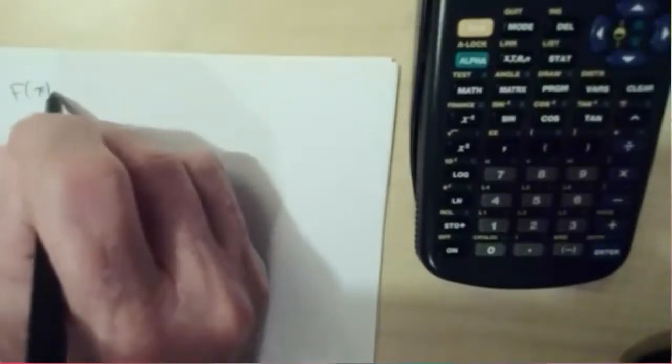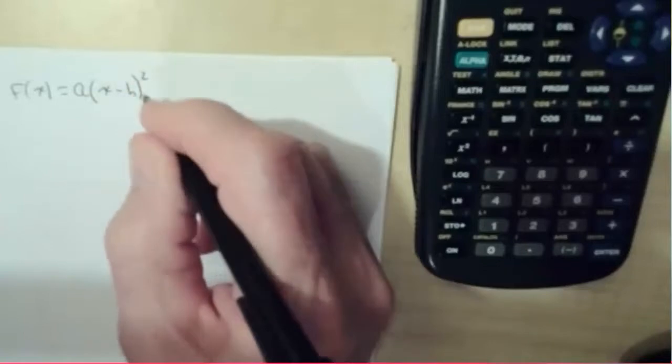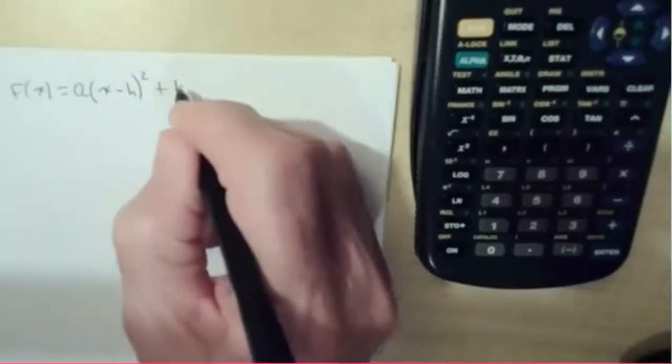Okay. Now remember the vertex form, V-E-R-T-E-X, vertex form. I don't think you're going to see this a whole lot. Vertex form is f of x equals a, open, x minus h, closed, squared, plus k.